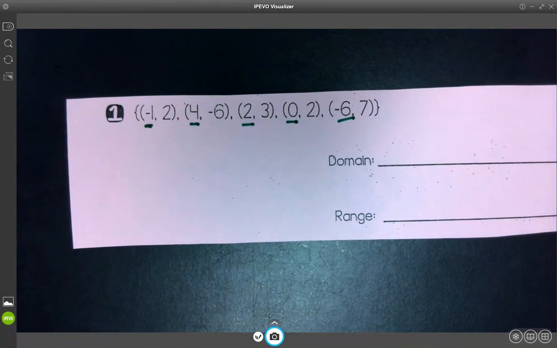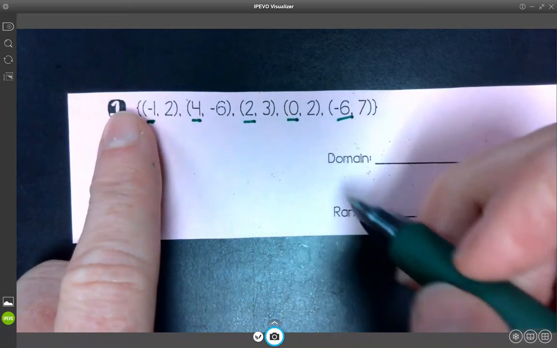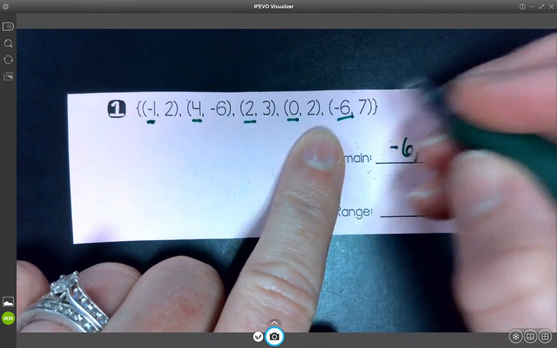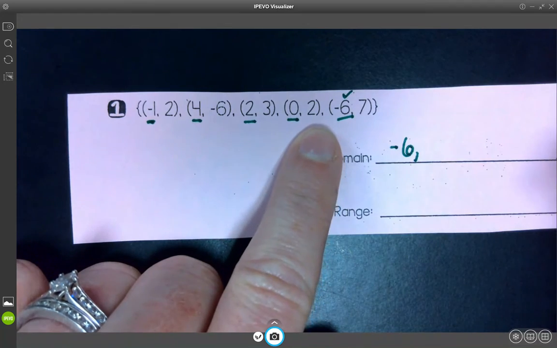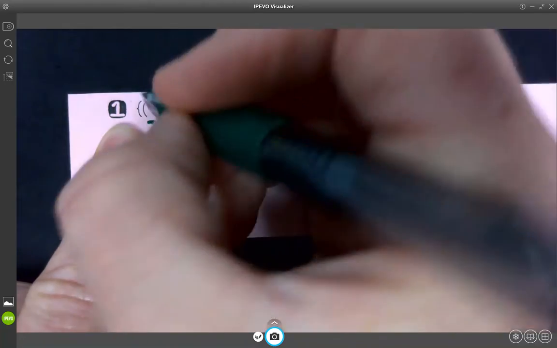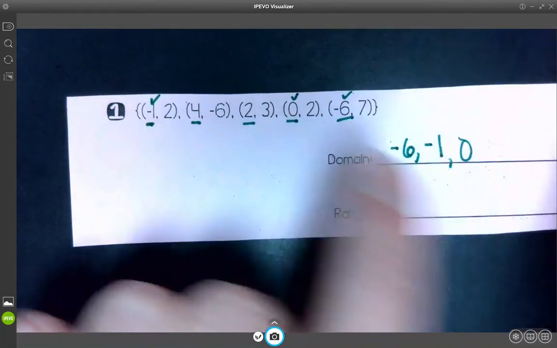And when we list them out, we want them in order from least to greatest. So we want to look at, okay, -6, 0, 2, 4, -1. The smallest number is -6. So I got that one. And then -1, 0, and 2 and 4.